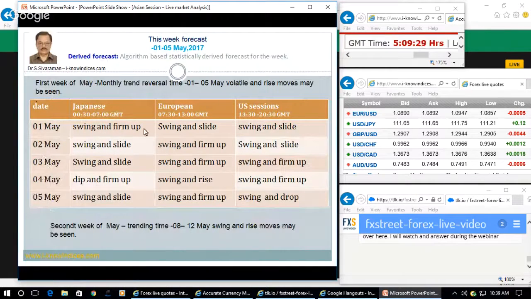Each session you can just watch what type of move they are going to do, and overall what type of move they are going to do. So in line with the overall move, you can take positions. On a quick rise, you can take sell positions, and when they drop, you try to book profit during this particular week.